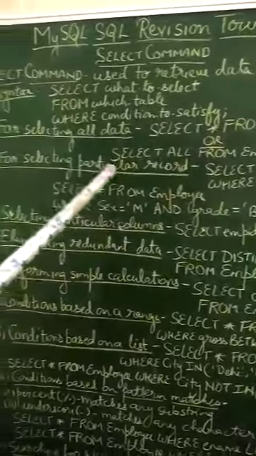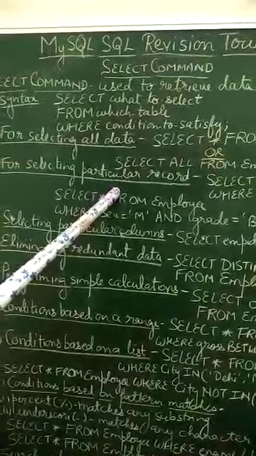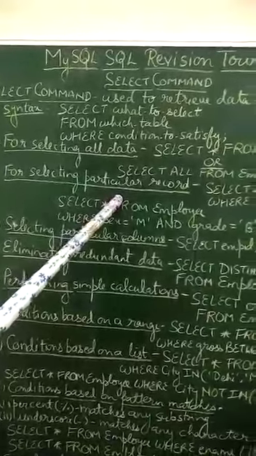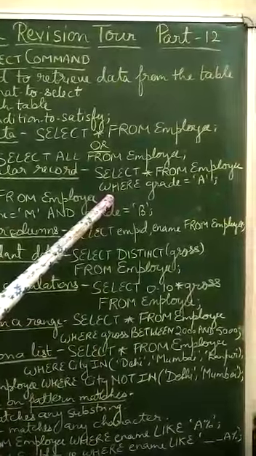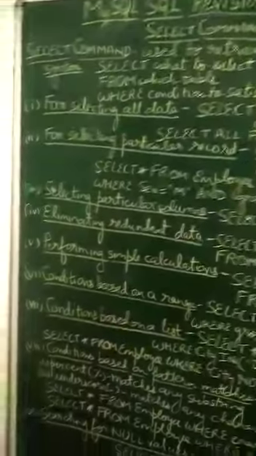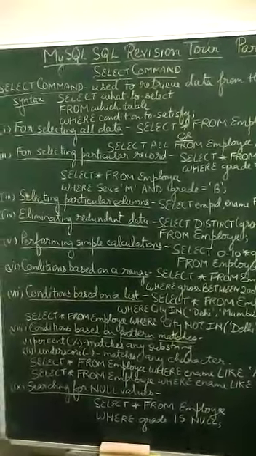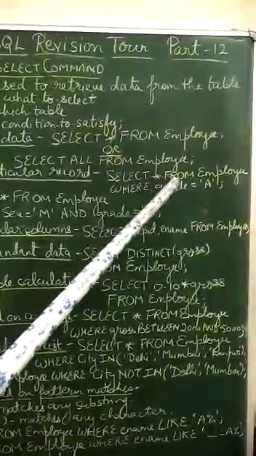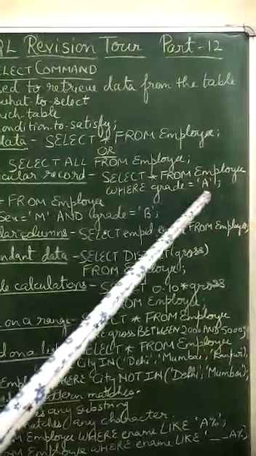Now for selecting particular records, if you want to select particular rows from a table, then you can make use of the where clause with the select command. For example, suppose you want to retrieve only those records where grade is A, you may write select asterisk from employee where grade is equal to 'A'.